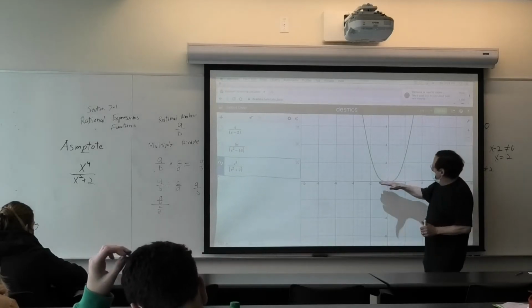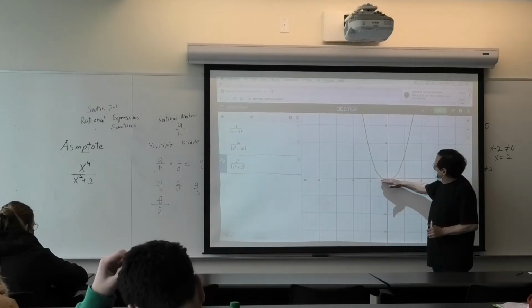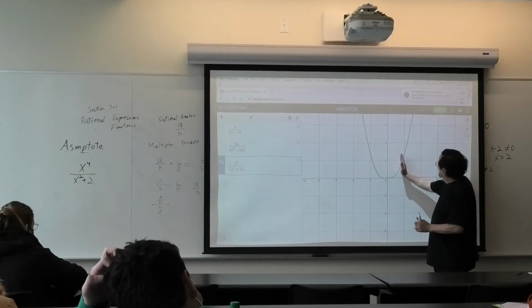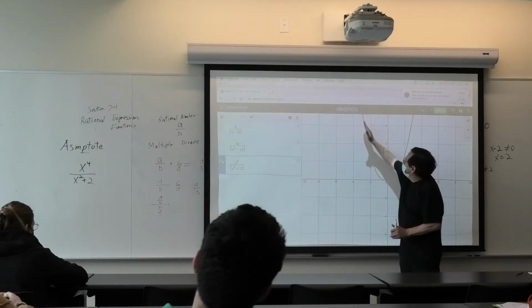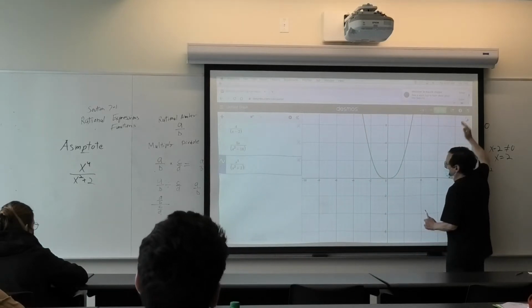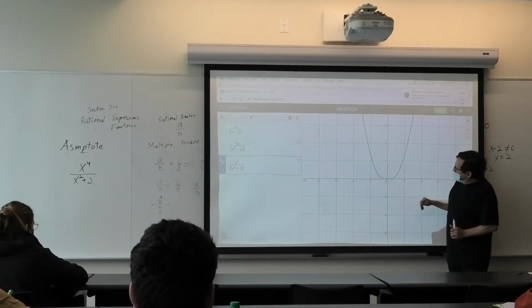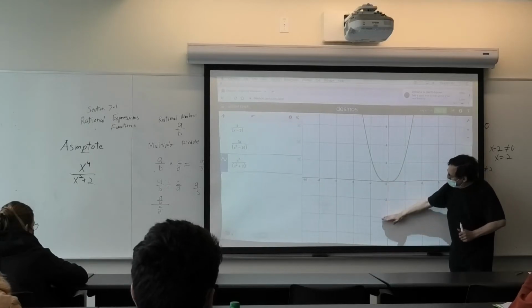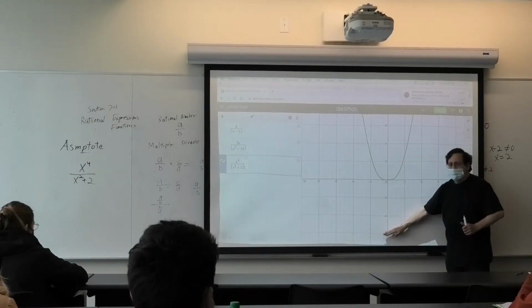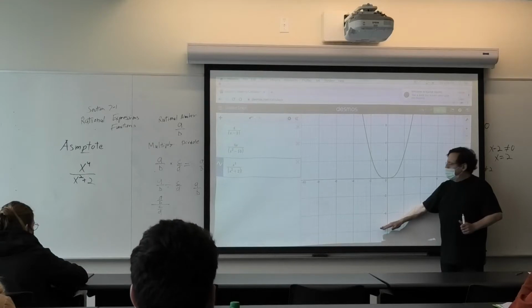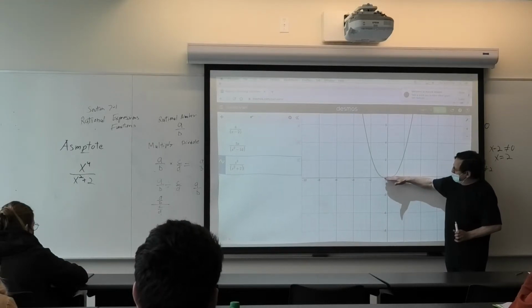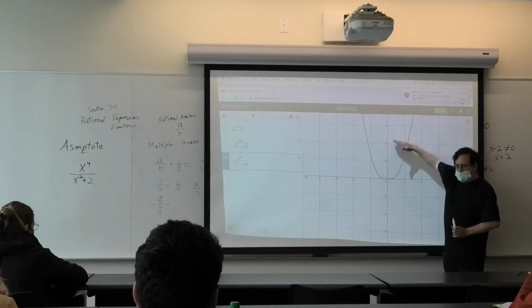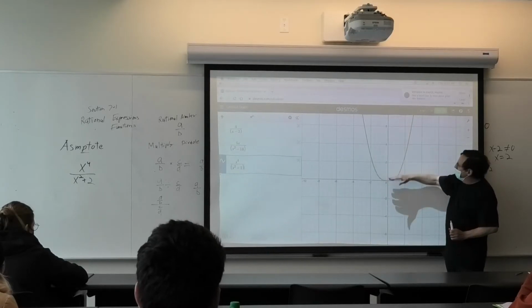Okay, so what do I see here? My domain, I can go off in either direction and I get a value. They just get very large as I move outward. But my range, you see there are no points down here. So my range is just y's where y is greater than or equal to 0.